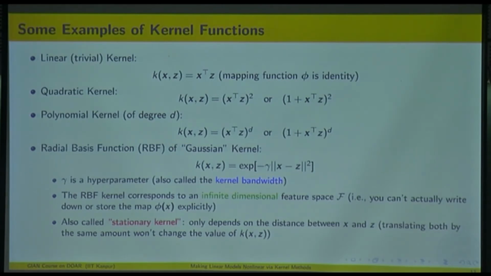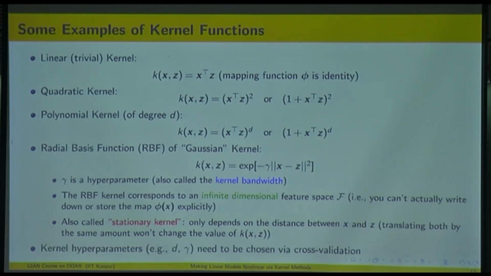Even if you translate the two data points to some other place, so that there are two other data points that have the same distance, then it's the same value. So it only depends on the distance between x and z. This is not the same with these other kernels. If you translate x to some other place, x prime, and z by the same amount, the value of the kernel function will not be the same. So that's another property of stationary kernels, where the kernel's value will only depend on the distance between the two data points.